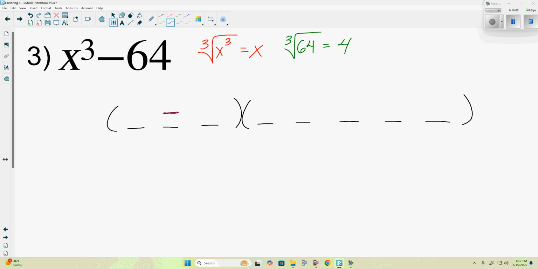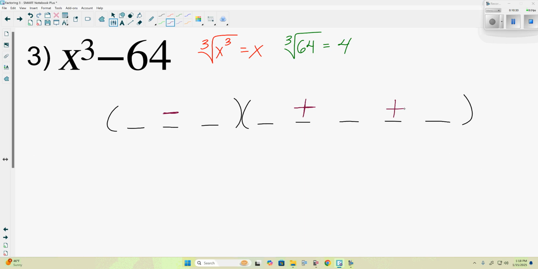Second sign's opposite, so we're going to flip it to positive, plus. Always end on a positive note, means our last sign is plus. Questions on our signs?